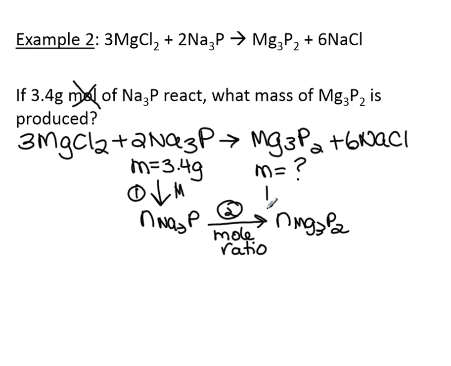Then I go to step 3. Step 3 again will involve molar mass. So to solve this particular problem, we need to do 3 steps to get there. So let's walk through this one together, one step at a time.